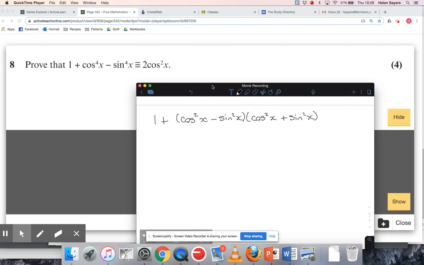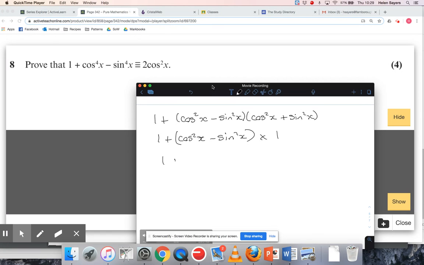If you can see where I've got that from, then you can say, well, we know that cos squared plus sine squared is 1. So that whole second set of brackets is just 1.